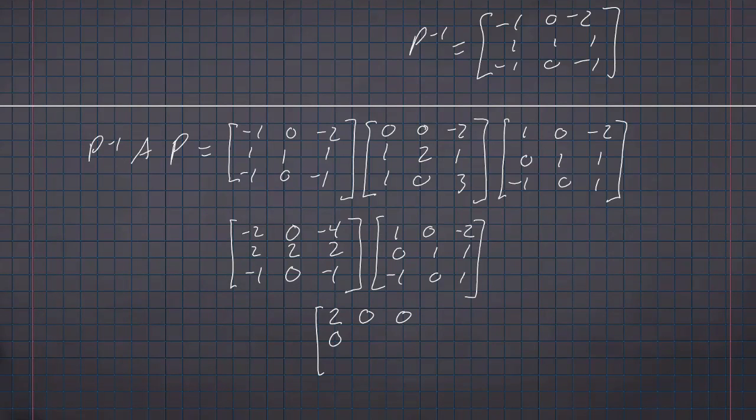That's 0. 0, 2, 0. That's 2. Negative 4, 2, 2. That's 0. Negative 1, 0, 1. That's 0. 0, 0, 0. And 2, 0, negative 1. That's 1. And so we get a diagonal matrix.